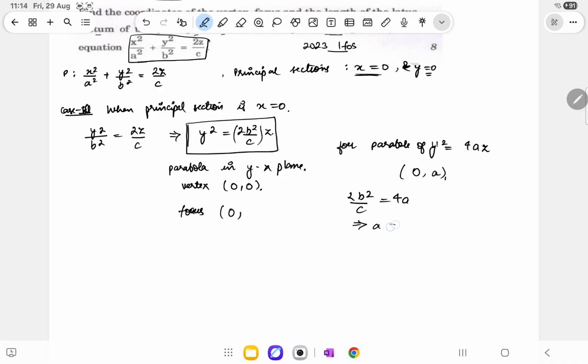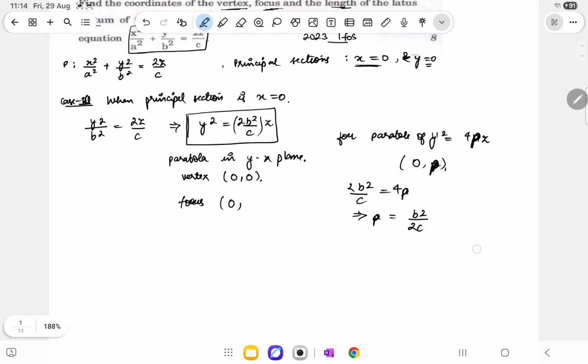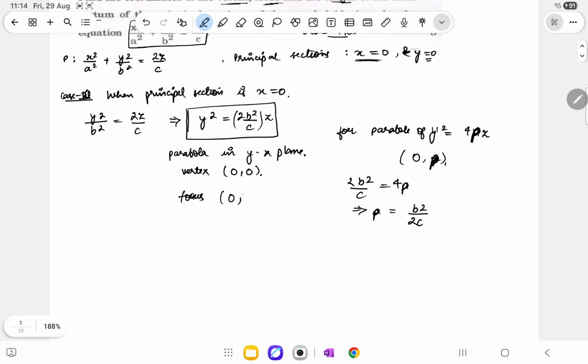So from here I got my a as, let's write it as p, because we already have a in the equation of paraboloid. So my p is b square by 2c. My focus in yz plane is b square by 2c, and length of latus rectum is 4p, so here it is 2b square by c.